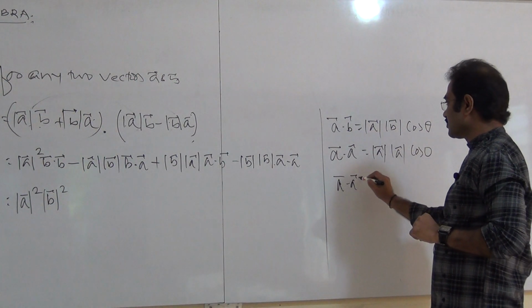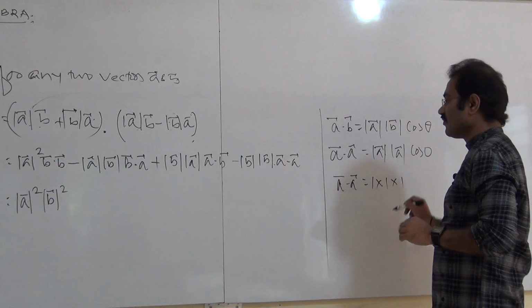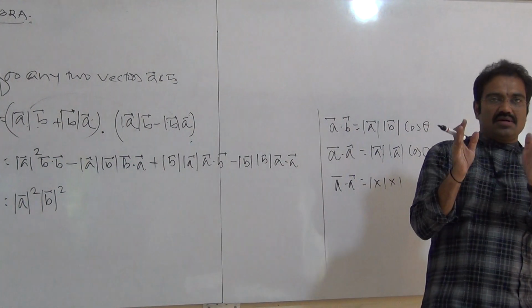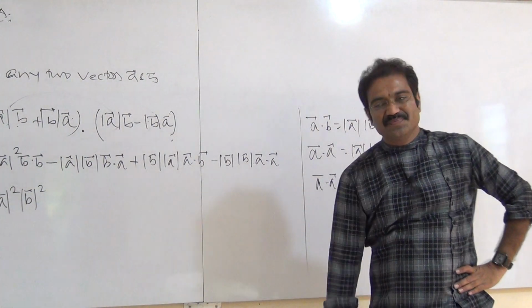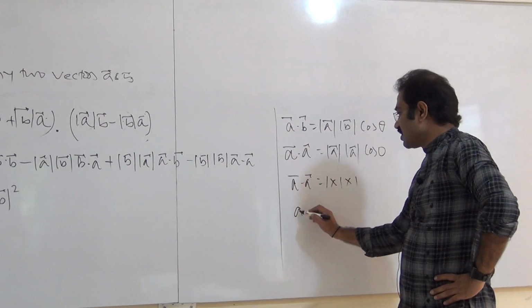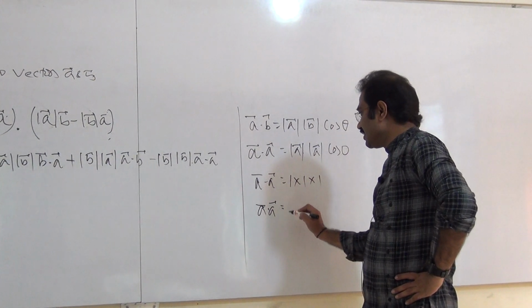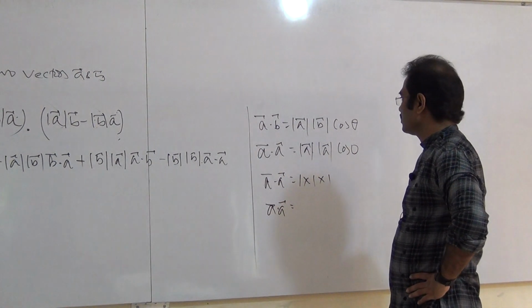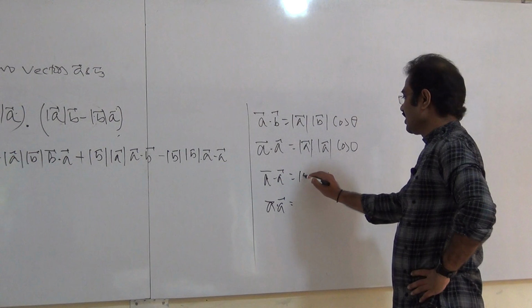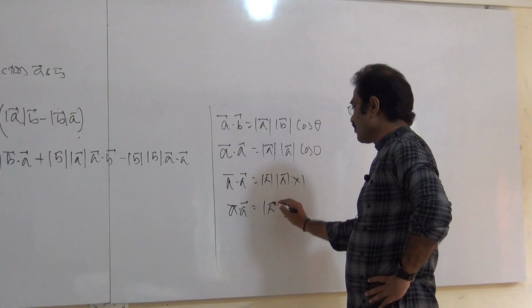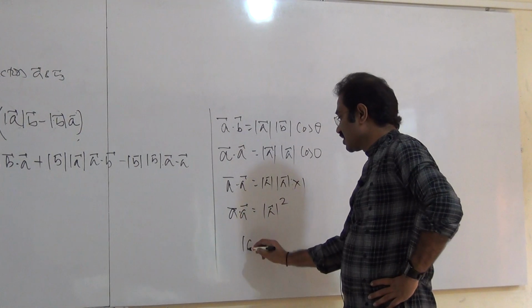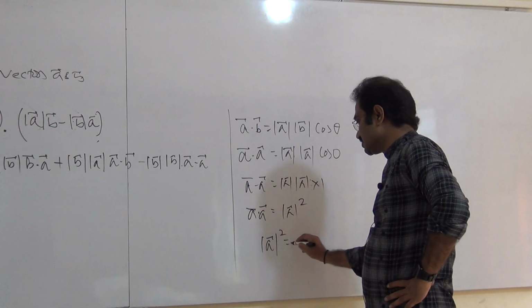Why 0? A and A are parallel. If they are parallel, theta is equal to 0. Therefore, A dot A is equal to magnitude of A square. Take this as a shortcut.